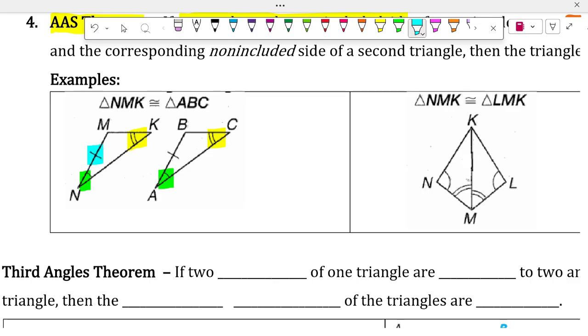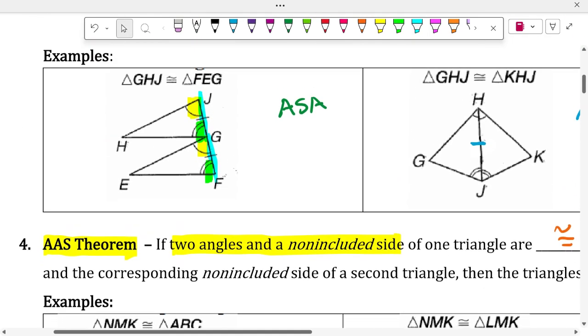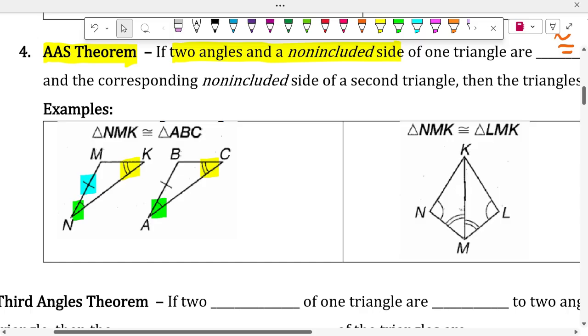The side should only be connected to one of the angles, not both. Previously, it was connected to both. But for this one, it's only connected to one of the angles. In that case, it's the green one. So the way we would read this one is angle, angle, side. You could also do it like this, angle, angle, side.